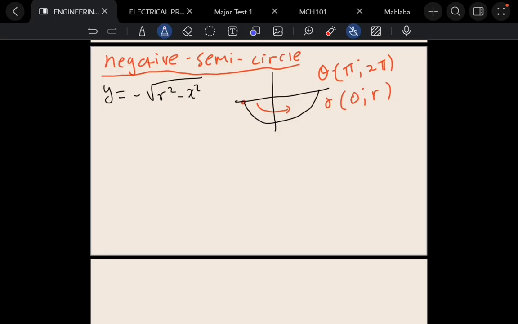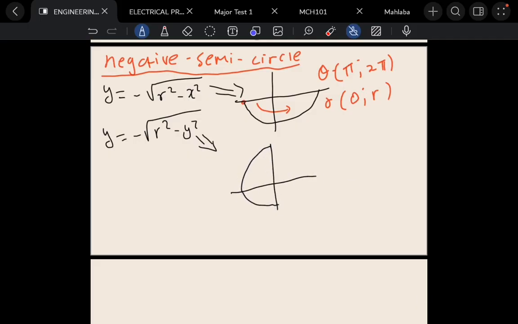And then if you have x equals minus the square root of r squared minus y squared, I'm going to have a region like this, here, like that. In this case, your theta will start from pi over 2 to 3 pi over 2, and your r is still from 0 to r.